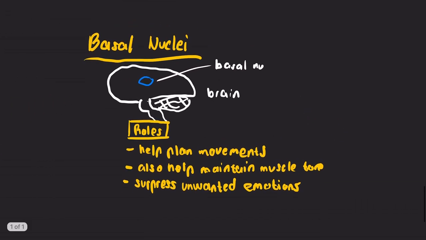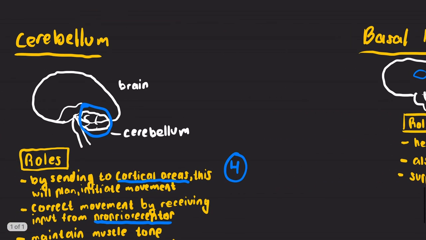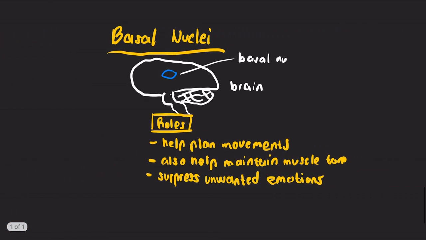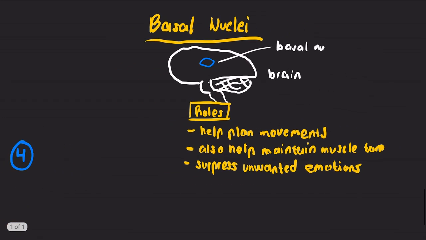We then have the basal nuclei. The basal nuclei is not found right beside the brainstem, but rather it is found in the center of your brain. So it is found in what we would consider the cerebral cortex, in the main part of our cerebral cortex, in the center.